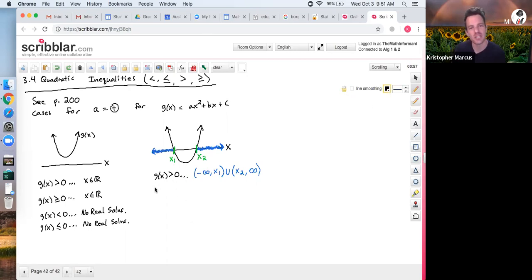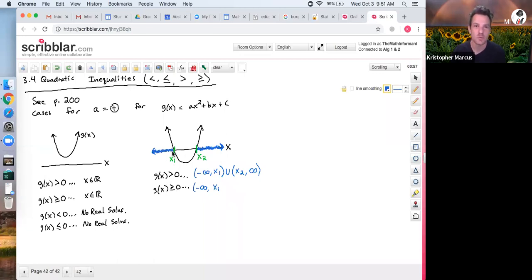If we change it ever so slightly, where is g of x greater than or equal to 0? There's only one minor difference between this, what we just wrote, and the next thing that we're asking for. The only difference is we'll go from negative infinity up to the x1 solution. But we're allowed to equal height 0.